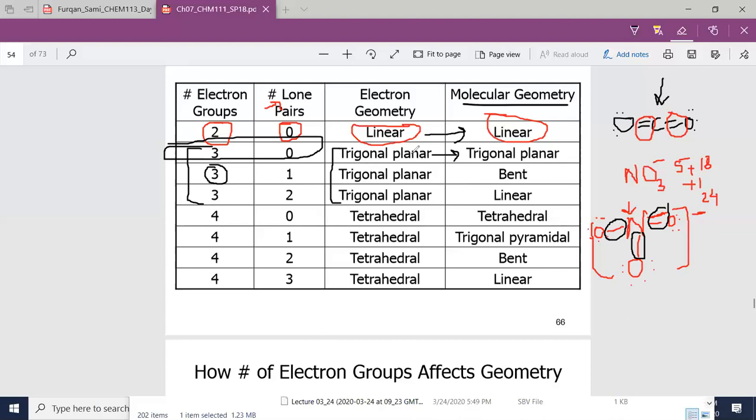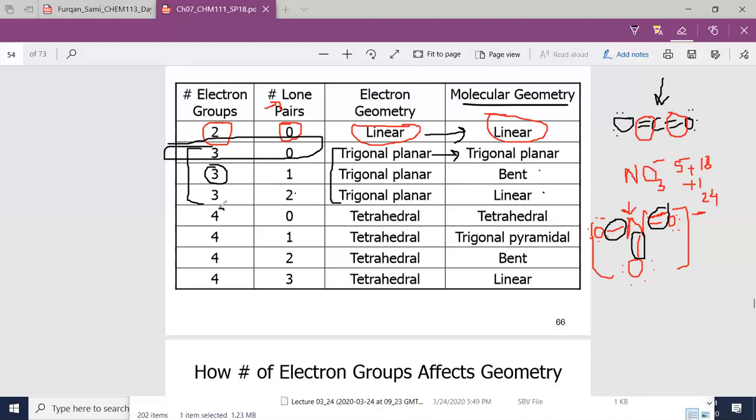That's going to make the difference. You know that the lone pair is going to make the difference. If there are zero lone pairs, it is trigonal planar; if one, it's going to be the bent geometry; if two, it's going to be the linear geometry. So we'll keep working on different molecules, and then you will understand what I'm trying to say. But that's the general idea about it.